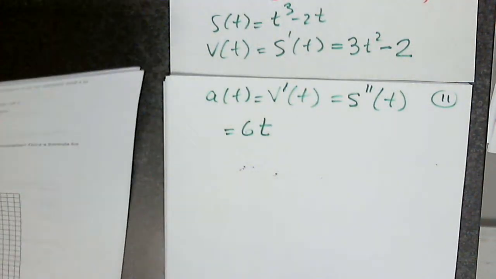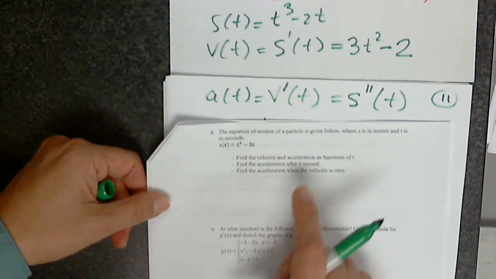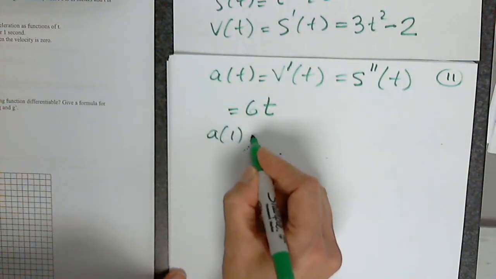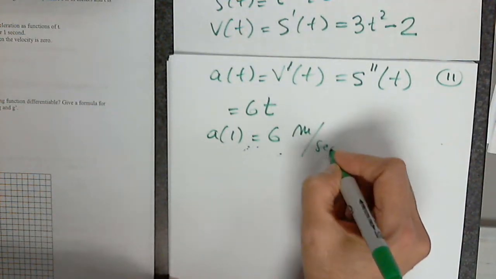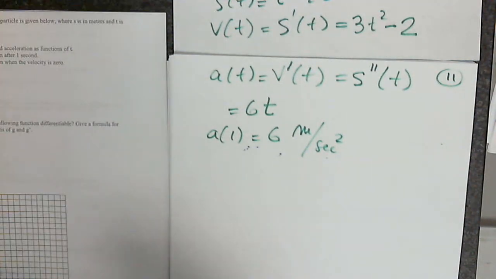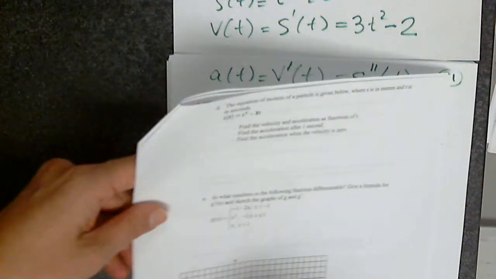Excellent. So that was the first question. Find the acceleration after 1 second. Measurement unit. That's meters per second squared. Very good. Acceleration is meters per second squared. Excellent. Good. Find the acceleration when the velocity is 0.